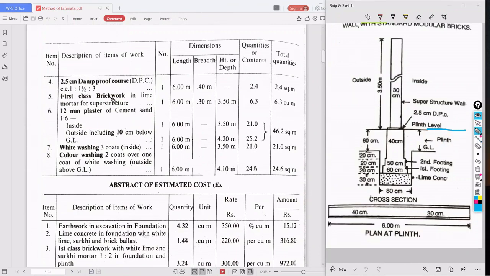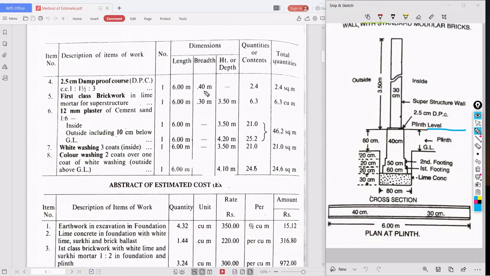It is one in number. What is the length? The length will be the same as the foundation, that is 6 meter. What is the breadth of the DPC? It is always equal to the plinth level. Whatever the plinth wall is, the breadth is the same as the plinth, that is 6 into 0.4.